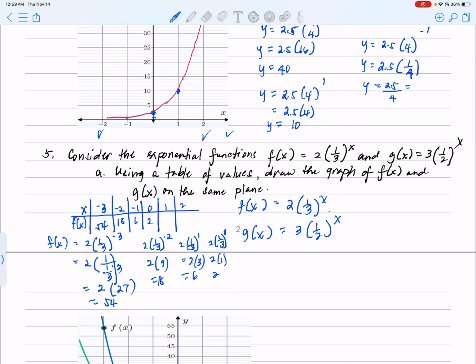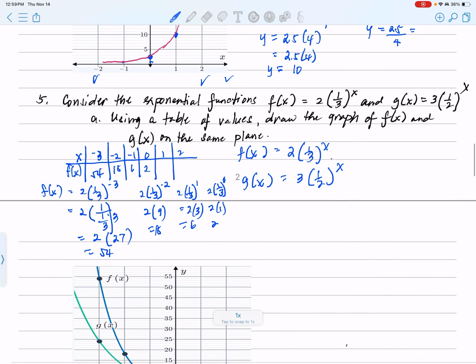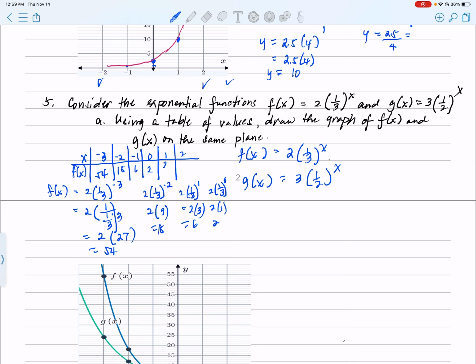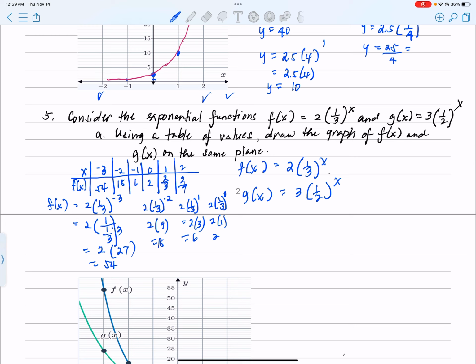Doing the same thing with 1, you come up with 2 over 3. I will not write it anymore here. With 2, 2 over 9. That would be your graph. Those would be your points for the graph.